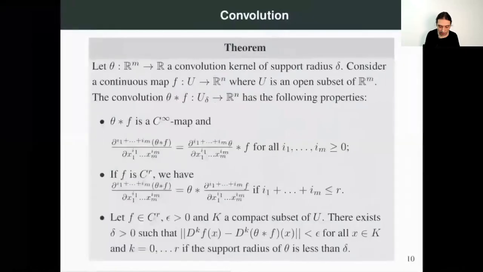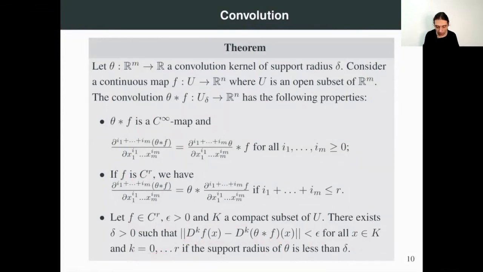And we saw that as a consequence, if f is a CR map, epsilon is a positive real number, and K is a compact subset of U, there exists some delta such that the derivatives of f and of the convolution of theta and f of order up to R have a difference with norm smaller than epsilon for all x in K and all k between 0 and R, if the support radius of theta is less than delta.